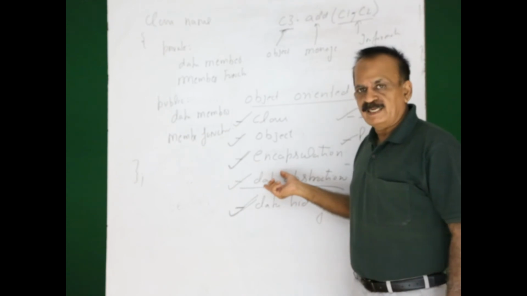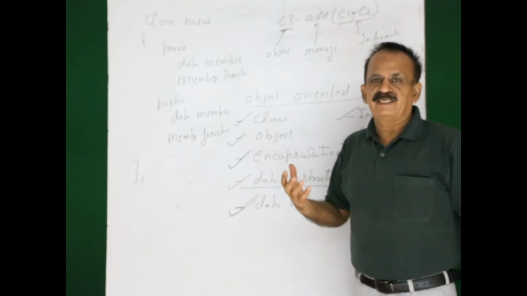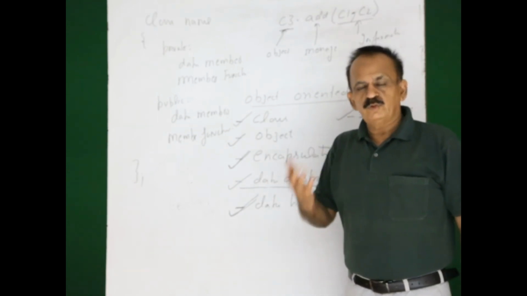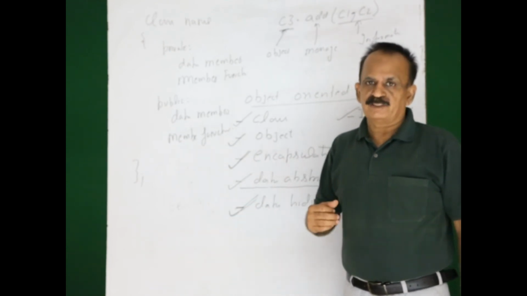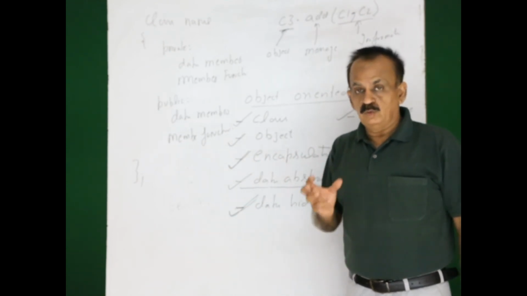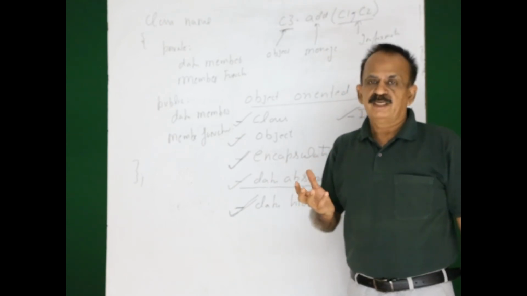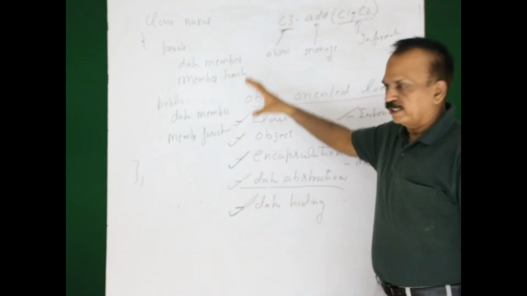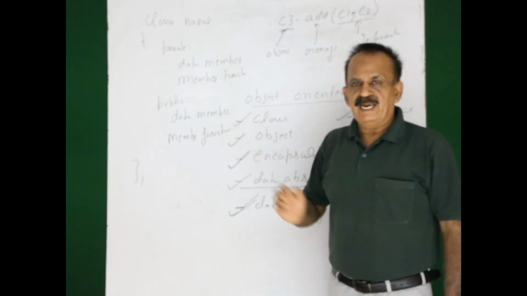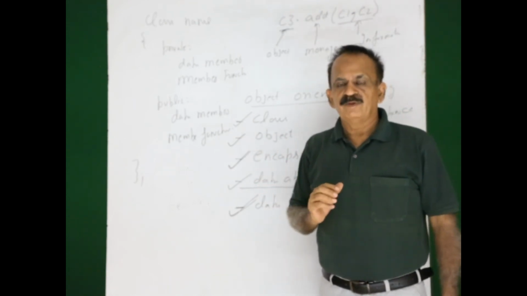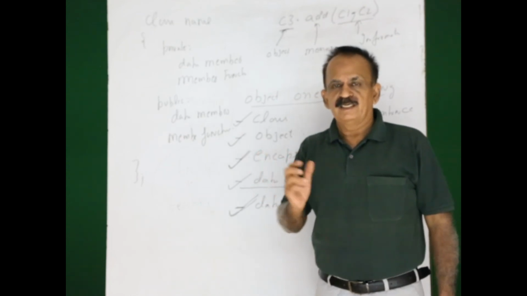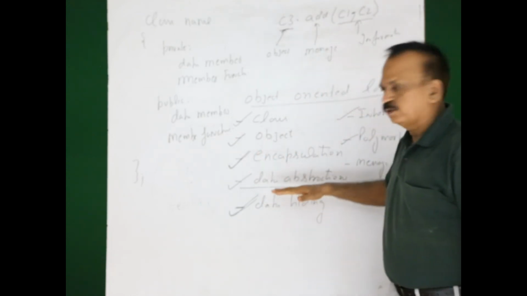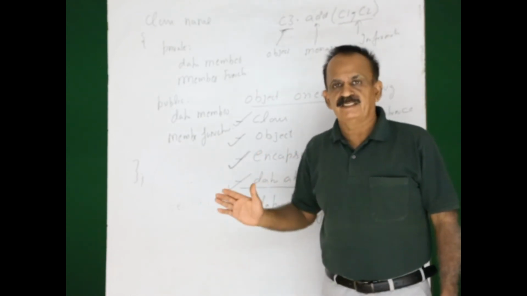The next one is data abstraction, and abstraction basically means using the facts without going into the details of the process. Classes are known as abstract data types because in a class we create the logic, and then in the program we use those logics without going into the details of how these are implemented.